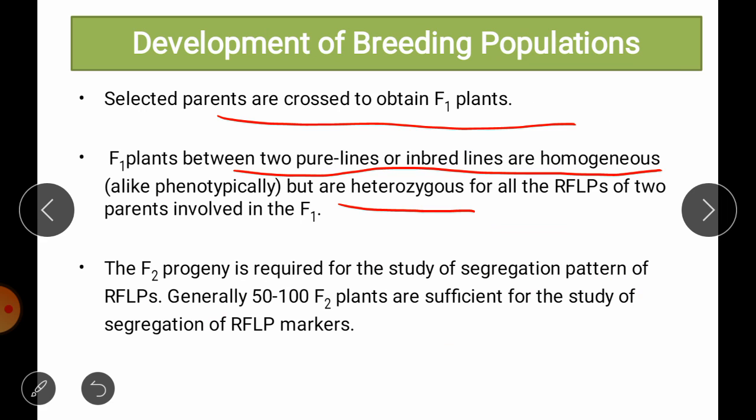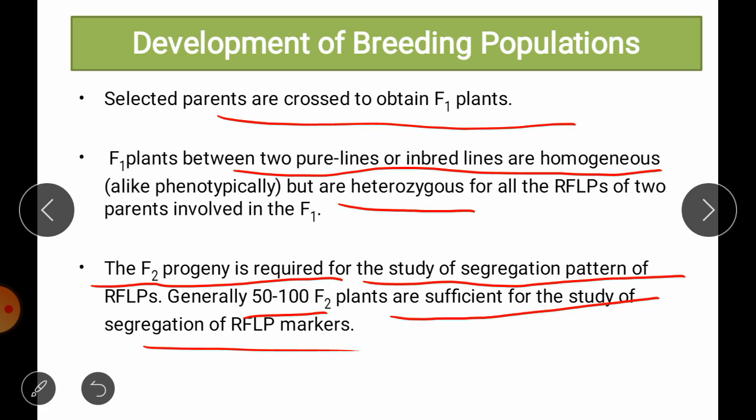So you have to grow from F1 seeds its F2 progeny, and that F2 generation we are using here for studying the segregation pattern or banding pattern. So generally from 50 to 100 F2 plants we are doing leaf sampling for a study of this segregation pattern of RFLP markers.